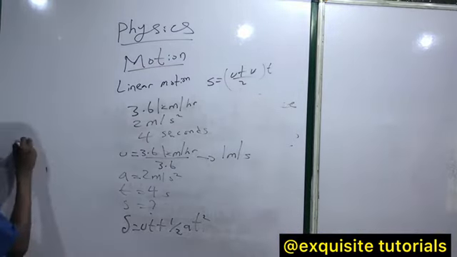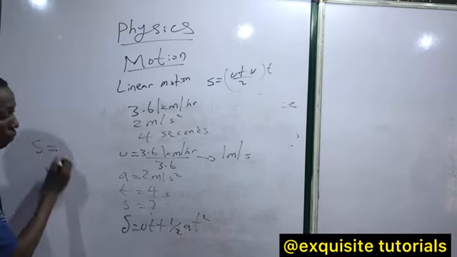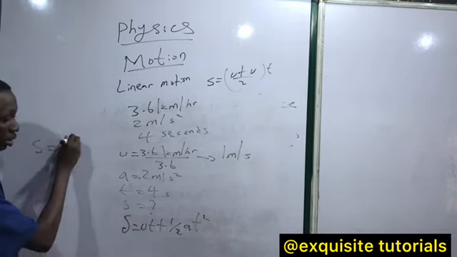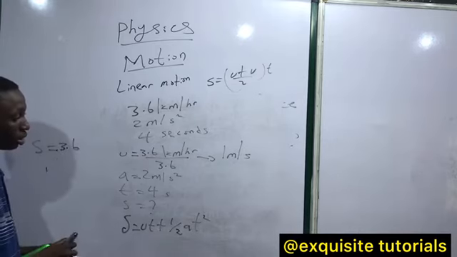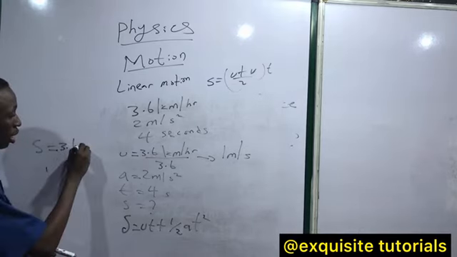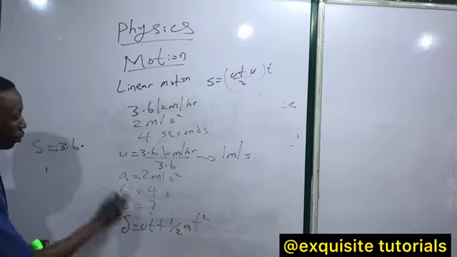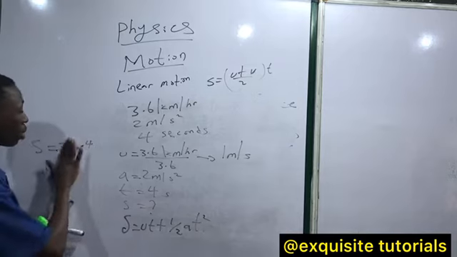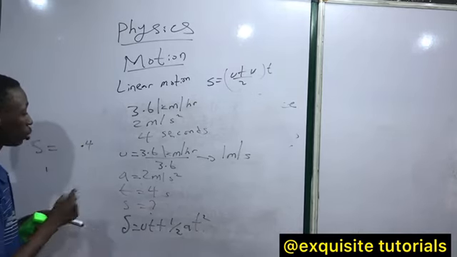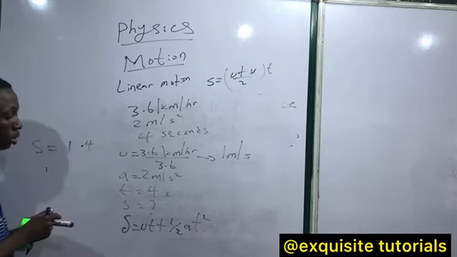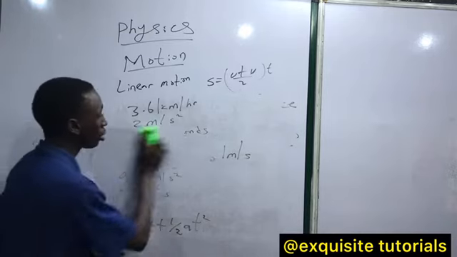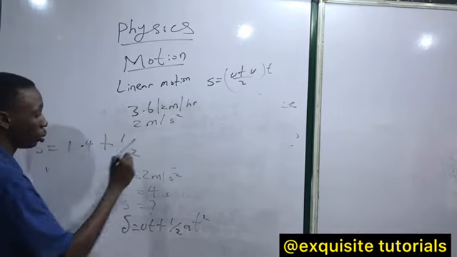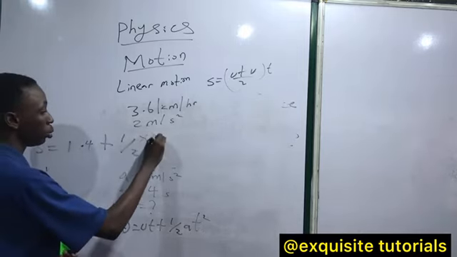Then we'll have that S will be equals to, sorry, we're now working with meter per second, so S will be equals to 1 times 4, plus 1 over 2, acceleration is 2, times 2.